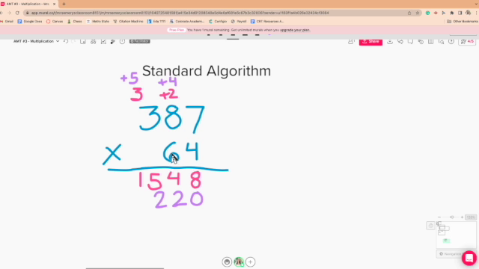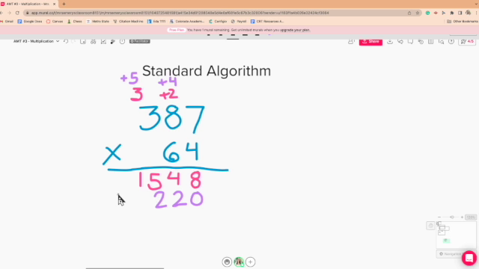So now we're going to have 6 times 3, which is going to be, wow, why am I struggling with that? 18. And then 18 plus 5 is going to be 18, 19, 20, 21, 22, 23.